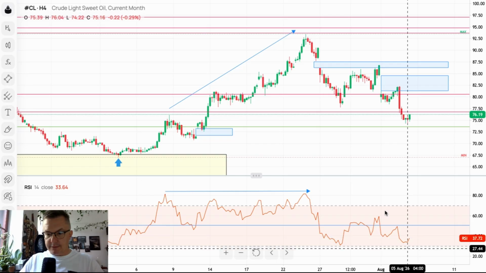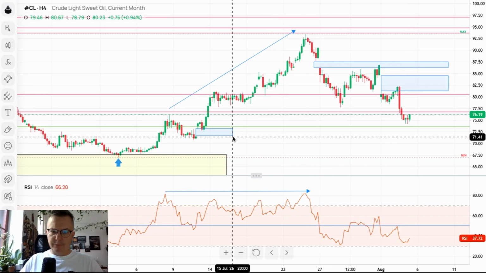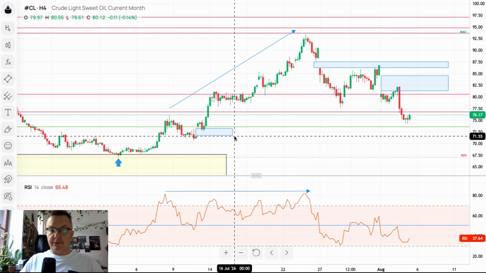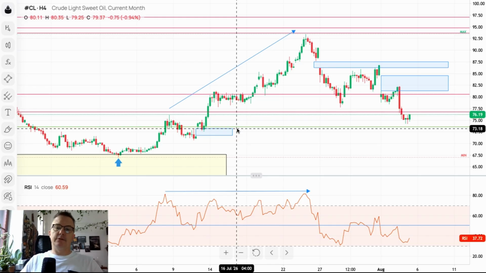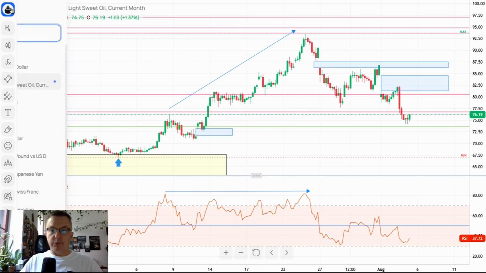There is still some room to the downside to hit the extremely oversold conditions. One more gap left to be filled is still between 71.41 and 72.50. So right now the situation is way more bearish than it was.